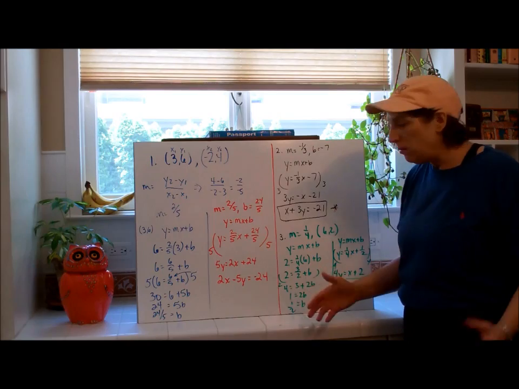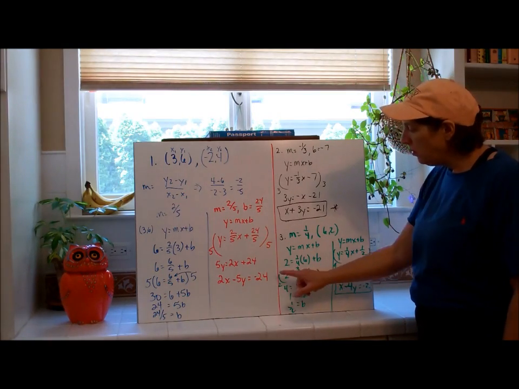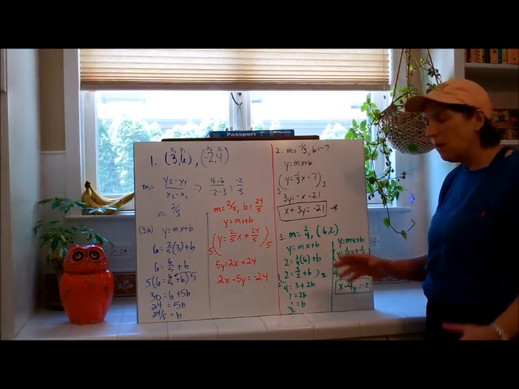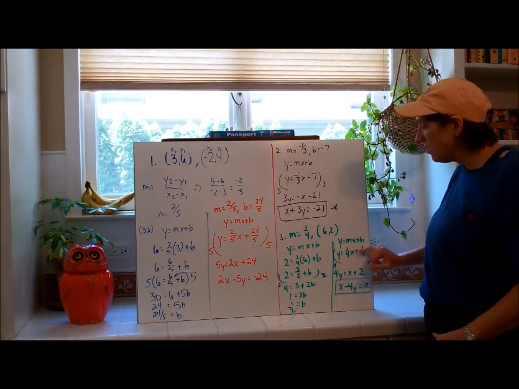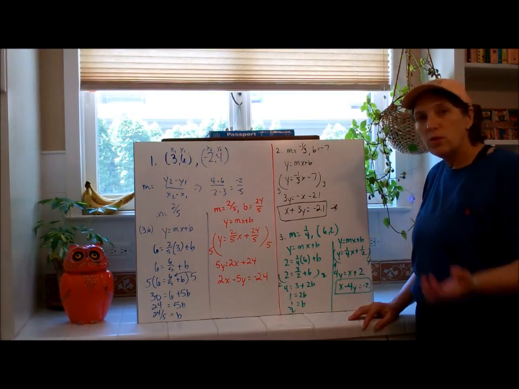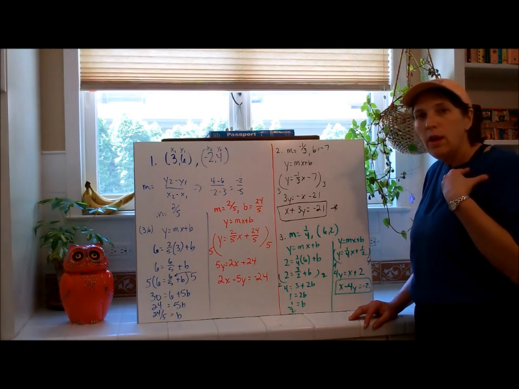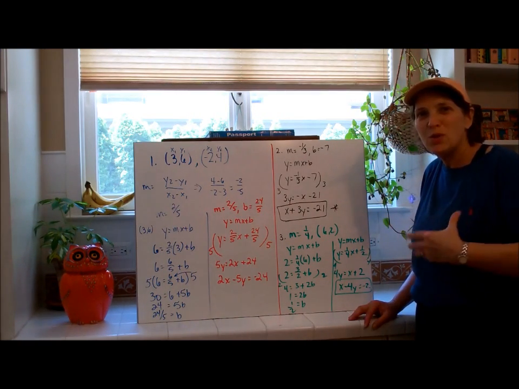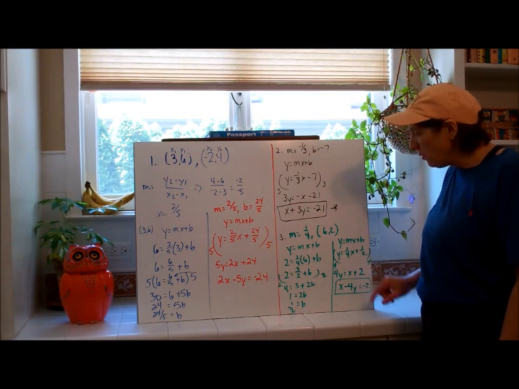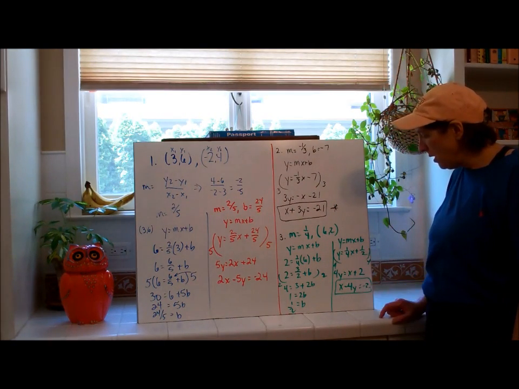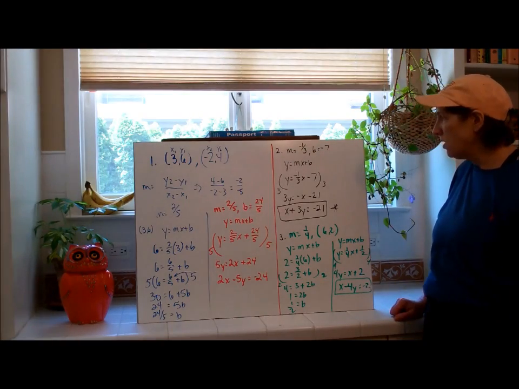Then I added giant parentheses and a 2. Normally it would be right to the side, but I wanted to make sure that you saw that step, because sometimes it gets very confusing when you're trying to check something, and you're still early in the game. So I want to make clear that that was a separate step. But anyway, you get x minus 4y equals negative 2.